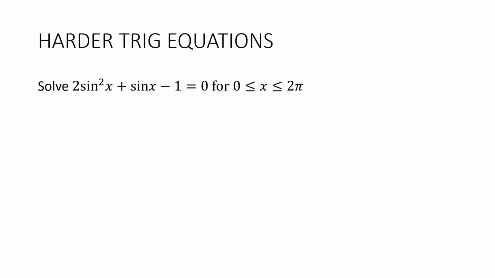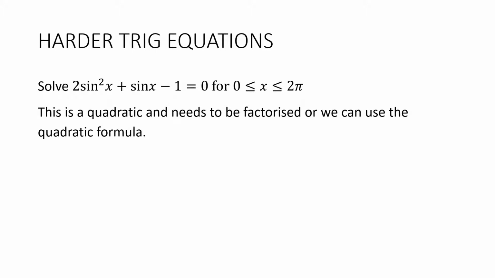Here's another one. Solve 2 sine squared x plus sine x minus 1 equals 0 for 0 is less than or equal to x is less than or equal to 2 pi. Now, this is a quadratic, and it needs to either be factorised or we can use the quadratic formula. You might prefer to factorise that. That's okay. I'm going to use the quadratic formula just to show you a different way to do it.